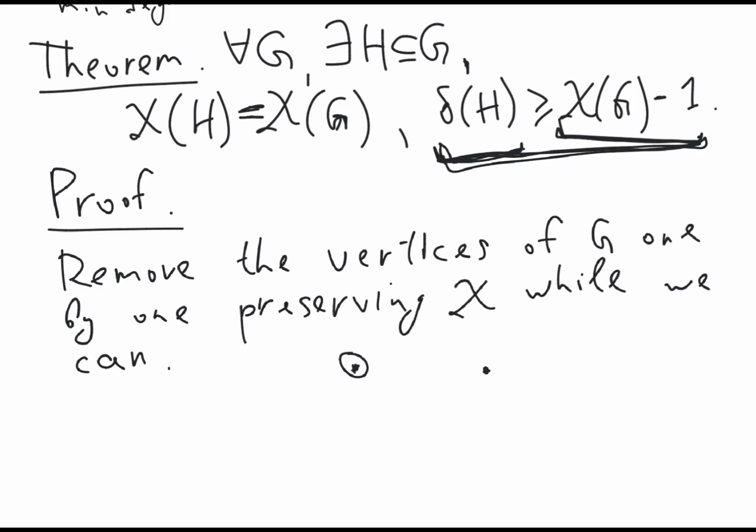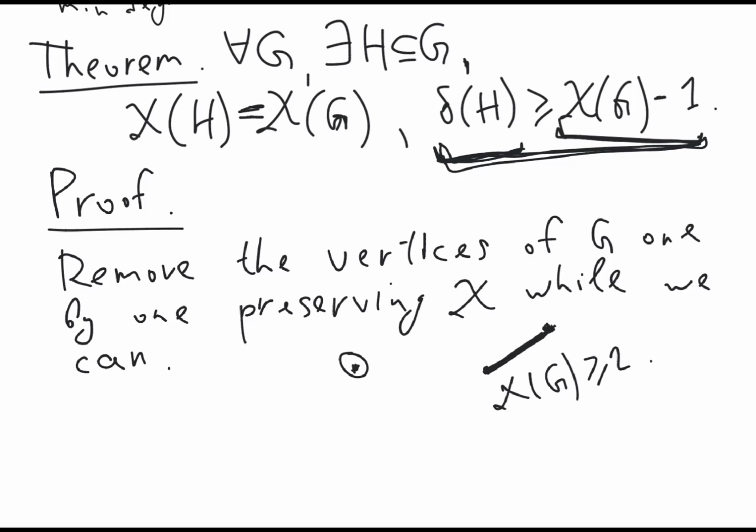So of course there is a subgraph. If the graph is not empty, then it has at least a single edge. Therefore the chromatic number of G is at least 2, because we need two separate colors for the ends of this edge.